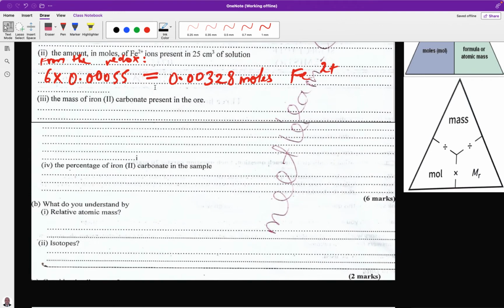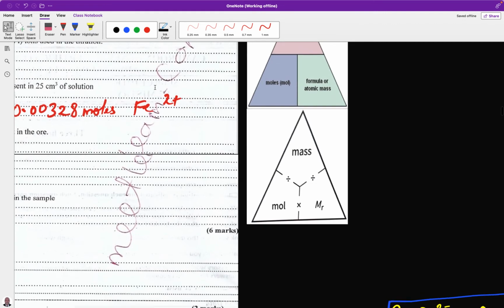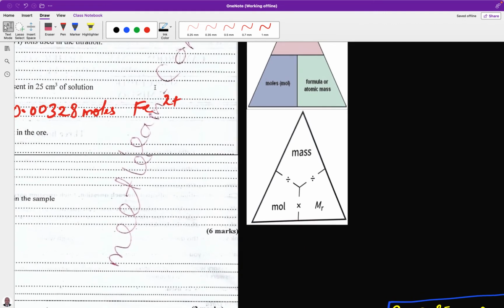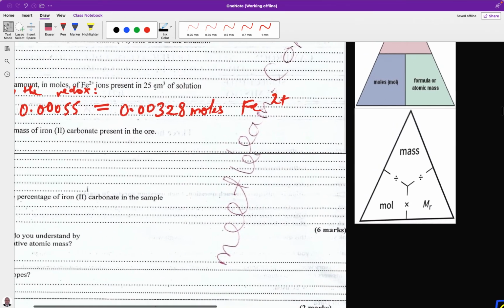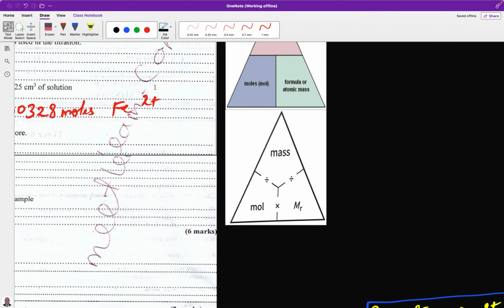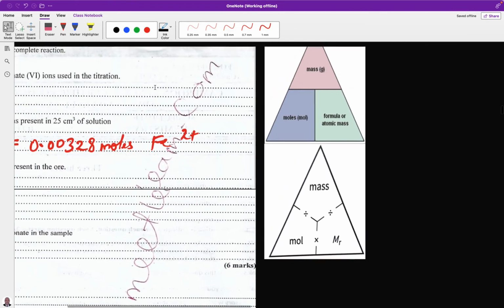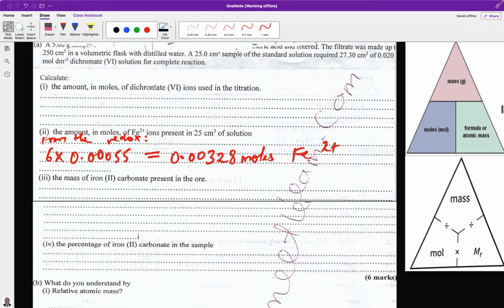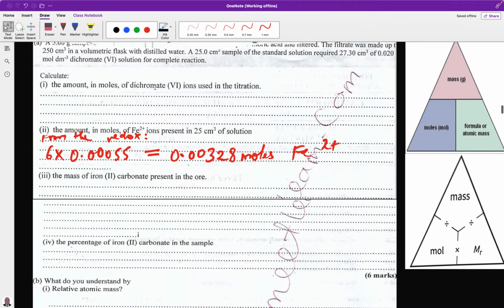Now, the mass of iron 2 carbonate present in the ore. What do you need to do about the mass? You have got the number of moles of iron to be 0.00328.